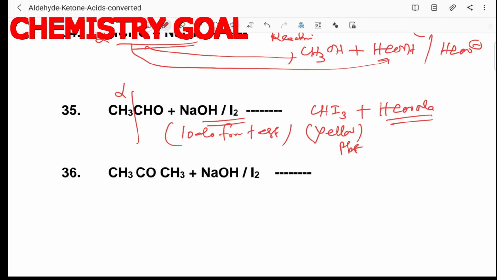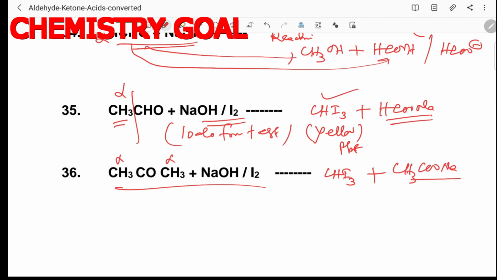Which aldehyde or ketone gives the test? One having 3 alpha hydrogen atoms, because it has 3 alpha hydrogen atoms, so it produces iodoform. Then this is one iodoform reaction, for ketone. It also has, you see, 3 alpha hydrogen atoms at the alpha position, so it can also produce the same CHI3, with the remaining 2 carbon being the sodium salt of acetic acid.